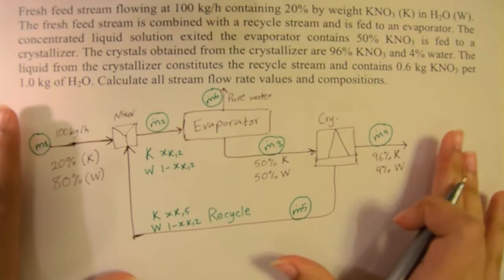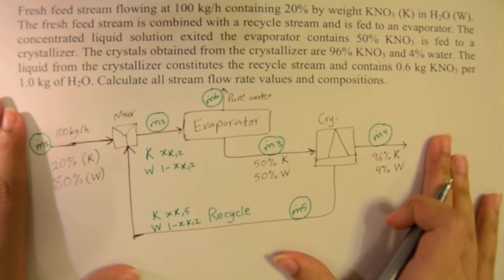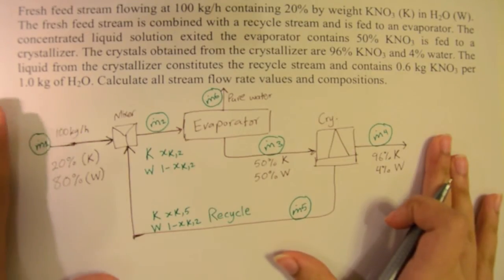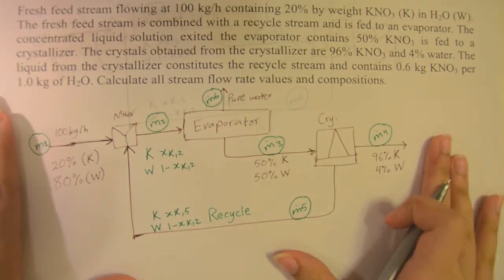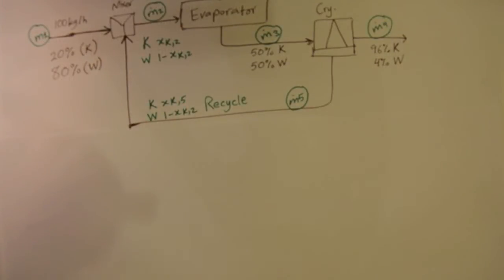So this is the complete system here, and we can start calculating the degree of freedom, then solving the whole process. So after drawing the whole process, the second step is doing the degree of freedom analysis to know which system we should start solving with.